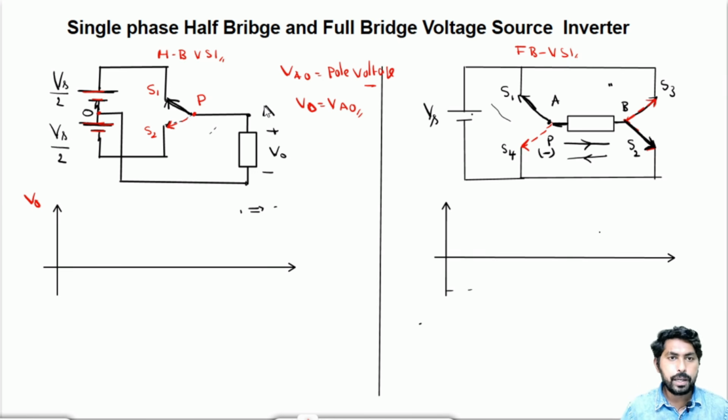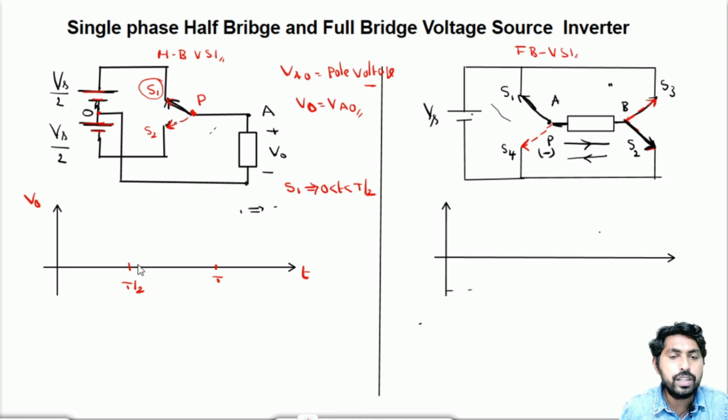So this is the pole and these two are the throws, right? If I close the switch to S1, what happens? For example, if switch S1 is closed in the period 0 to T by 2, let this time period be T, the total time, and this is T by 2.